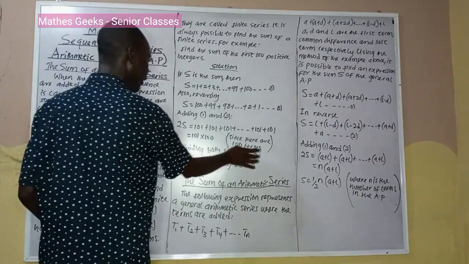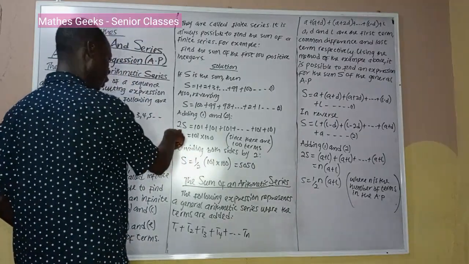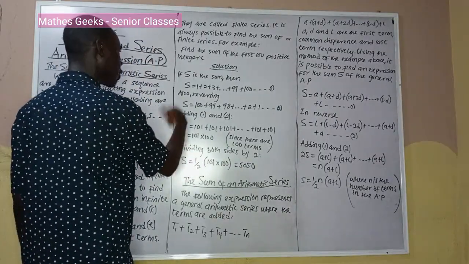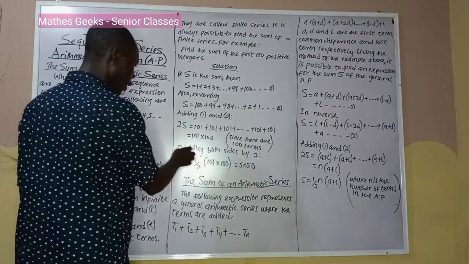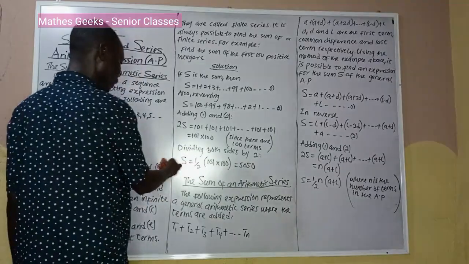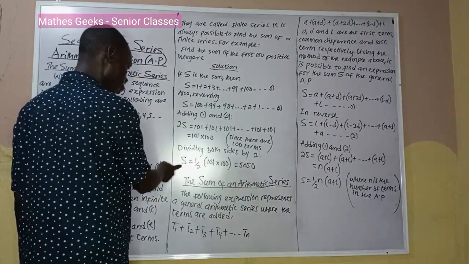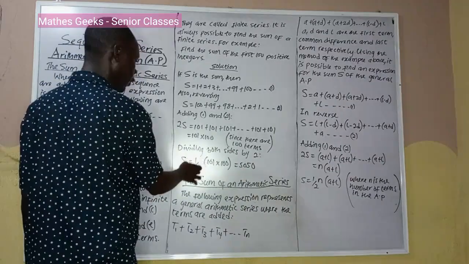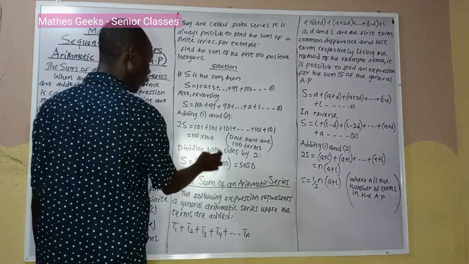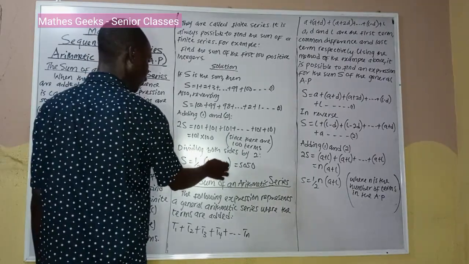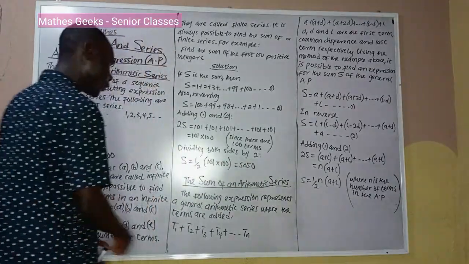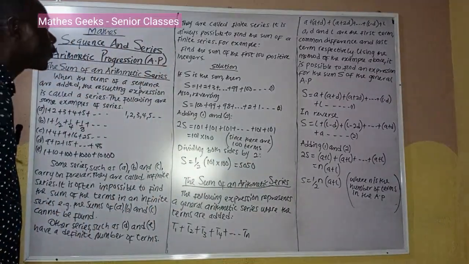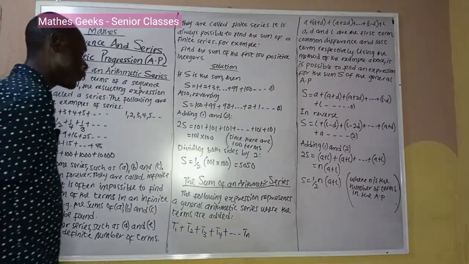So dividing both sides by 2 to eliminate the 2, so that S, which is the sum of the series we are trying to find, becomes the subject of the formula. That gives S equals 1 over 2 times (101 times 100), and the answer is equal to 5050. So the sum of the first 100 positive integers is 5050.